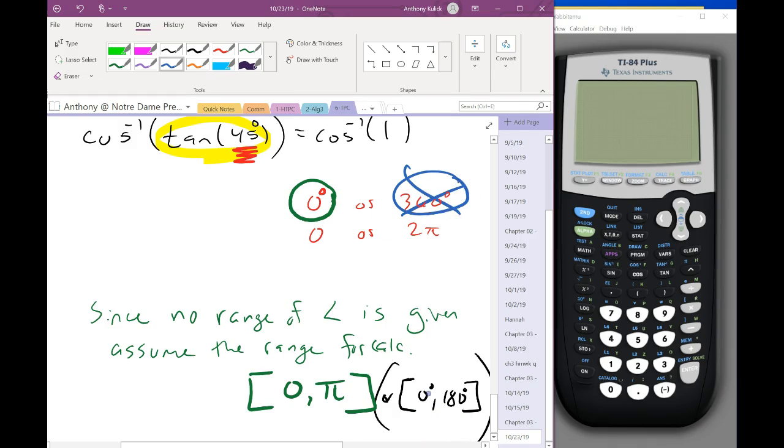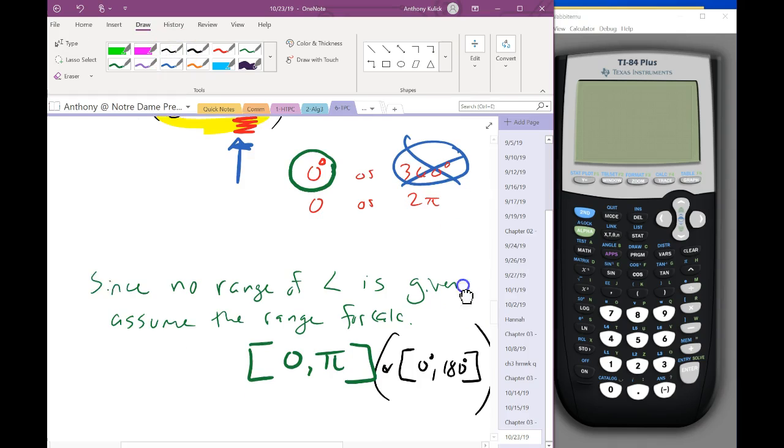We gave a degree answer because the problem was in degrees rather than radians. Your answer should match whatever you're given. We started with 45 degrees, so our answer should be a degree answer as opposed to a radian answer. Hallie? It's more clear as to why I circled that 0 as opposed to the other 0, the 0 radian. I wouldn't mark it wrong if you didn't write 0 degrees, but for note's sake, it makes it a little bit more clear.